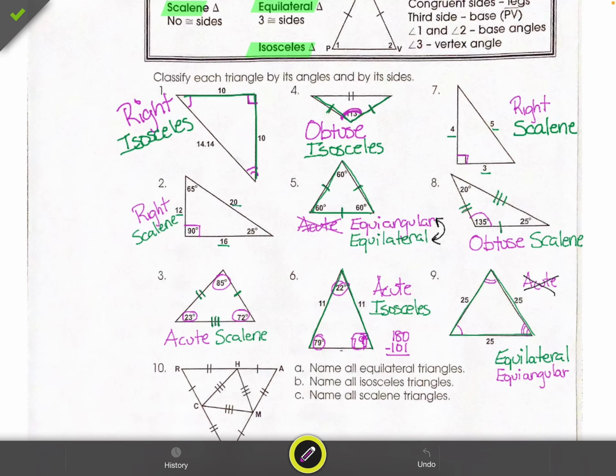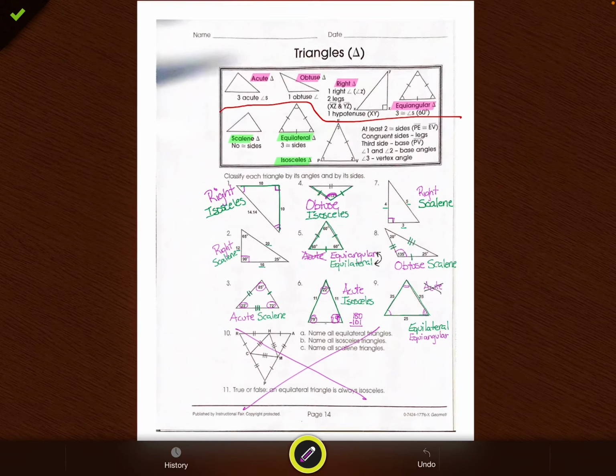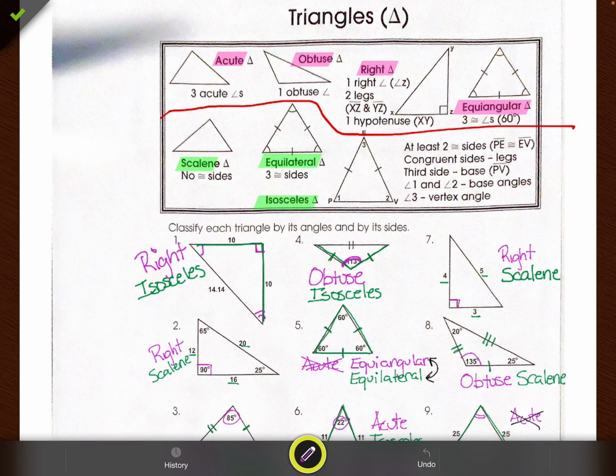So you need to, we're not going to do 10 or 11, but you need to make sure that you go back and study your definitions so you know what each one of those words mean. The 4 ways to classify by angle, okay, and you can even make yourself a note, by looking at your angles, it's acute, obtuse, right, or equiangular.